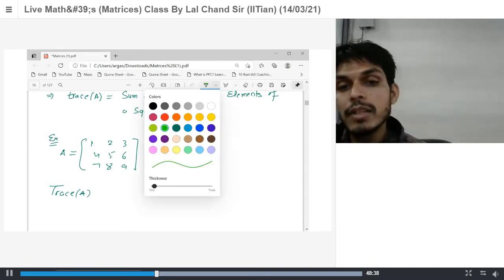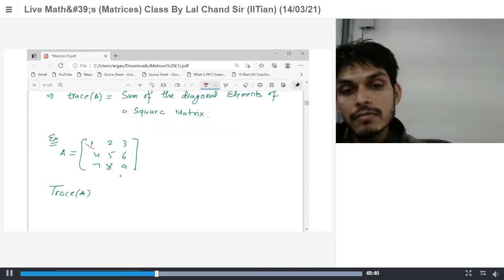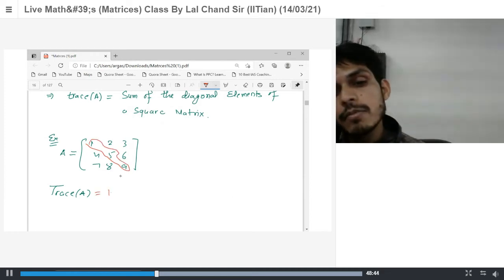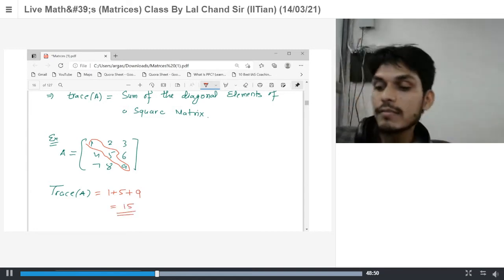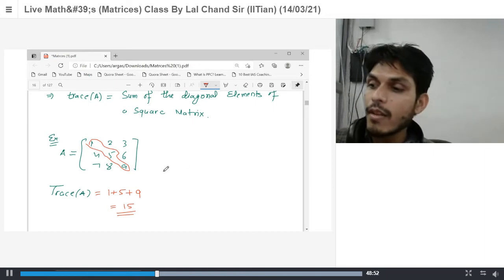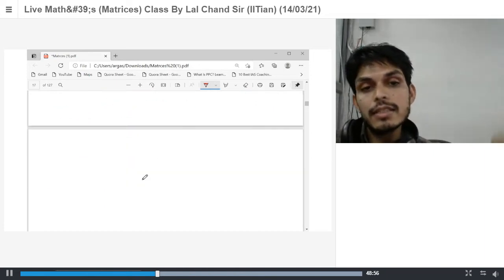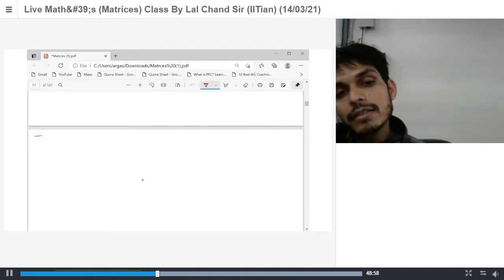So leading diagonal will be this diagonal. Okay, so that is equal to 1 plus 5 plus 9. So this is 15. This is defined as the trace of matrix A. Okay. So next thing is transpose of a matrix.